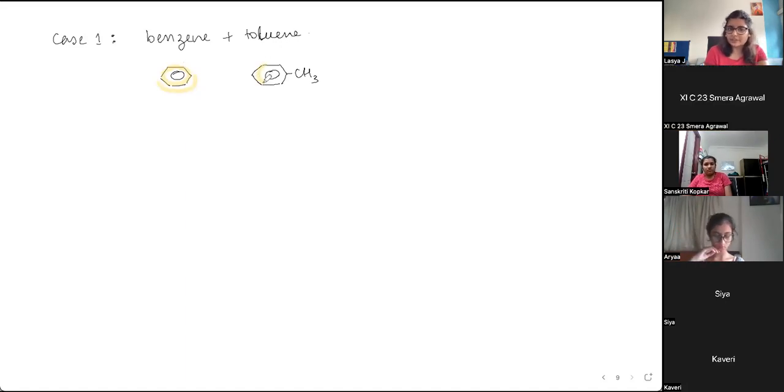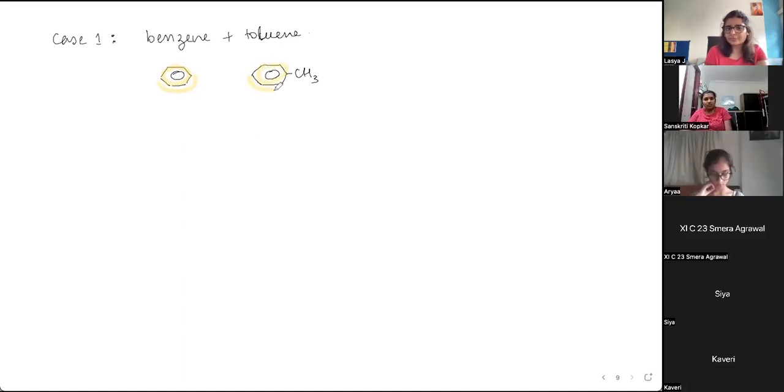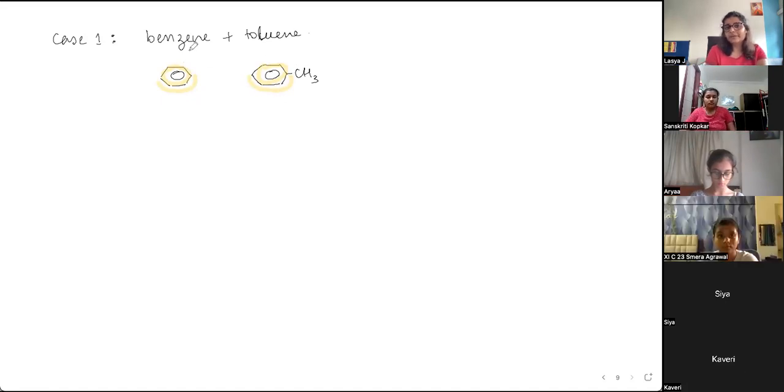Interactions between two toluene molecules are also pretty much going to be the same. They also have the same resonance pi electrons, repulsions due to those negative charges, and intermolecular attractions will be there. When you mix benzene and toluene, will there be a difference in the interaction between a benzene and a toluene molecule, or will it pretty much be the same?